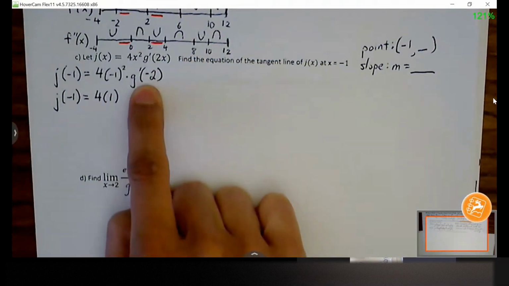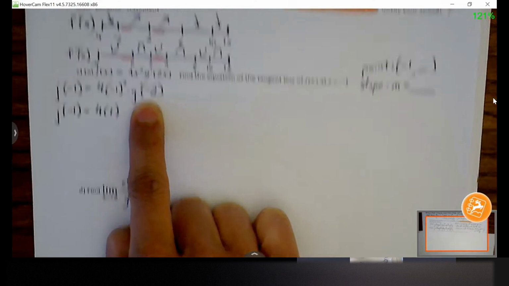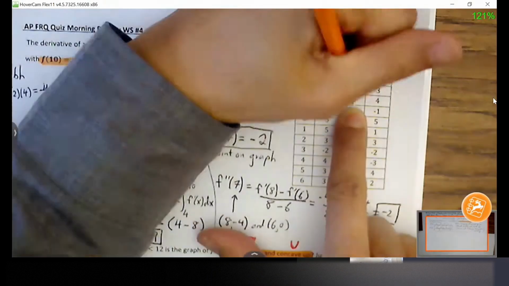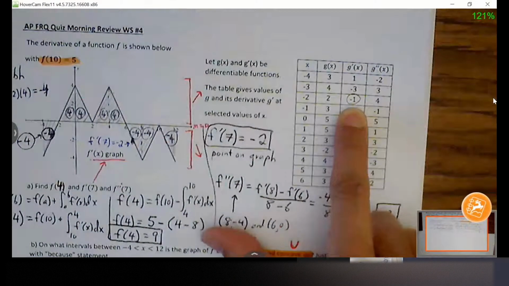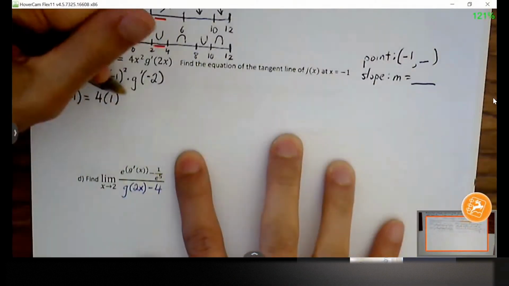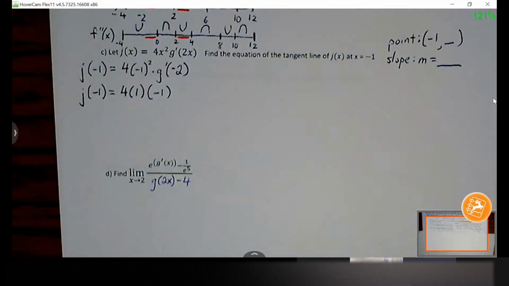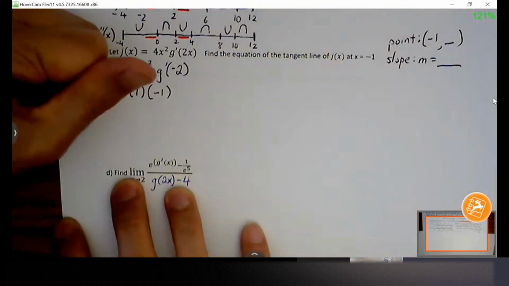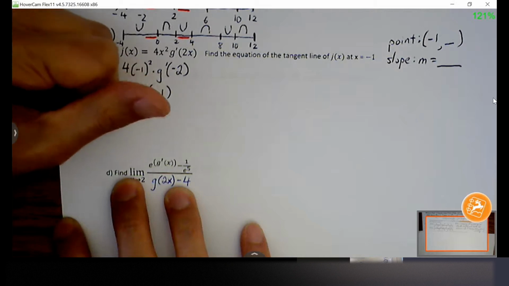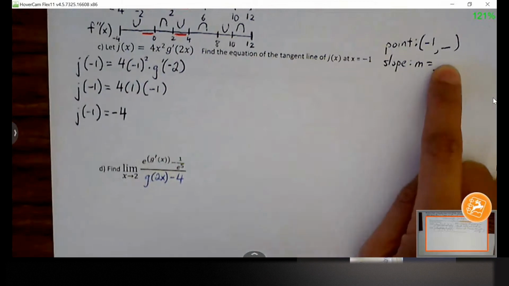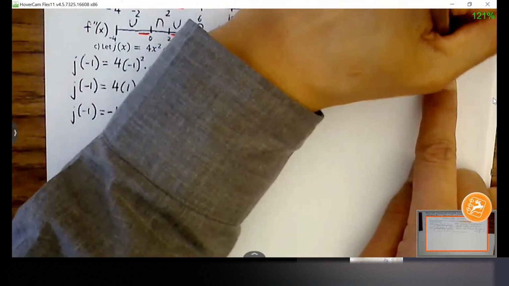All right, how do I find g prime of -2? It's from the table. From the table, okay, so g prime of -2 is -1. Good. Okay, we'll set that off to the side. We know we have our ordered pair gathered.